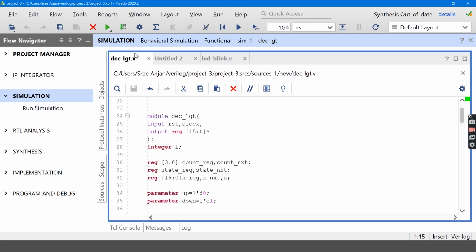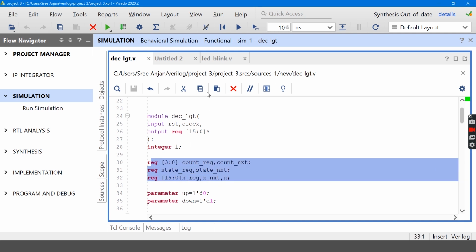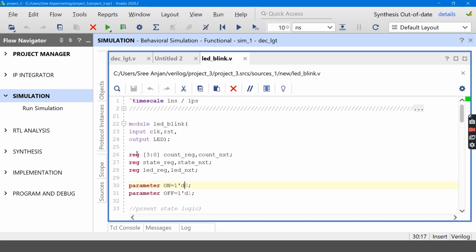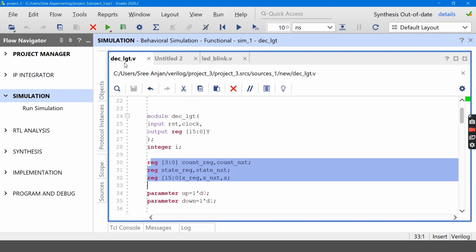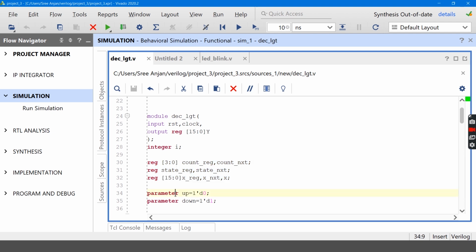Here I took it as 16 bits because the output is 16 LEDs.